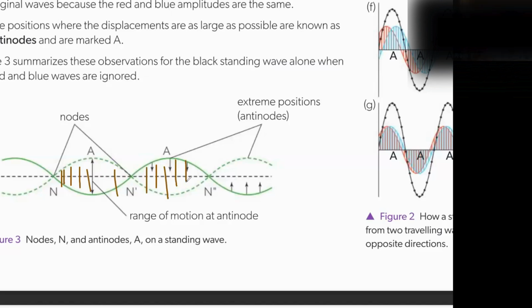I'll tell you again in a very simple way. All the particles here are in the same phase with each other. All the particles here are also in the same phase with each other. But when you compare these two, they have a 180 degree phase difference.